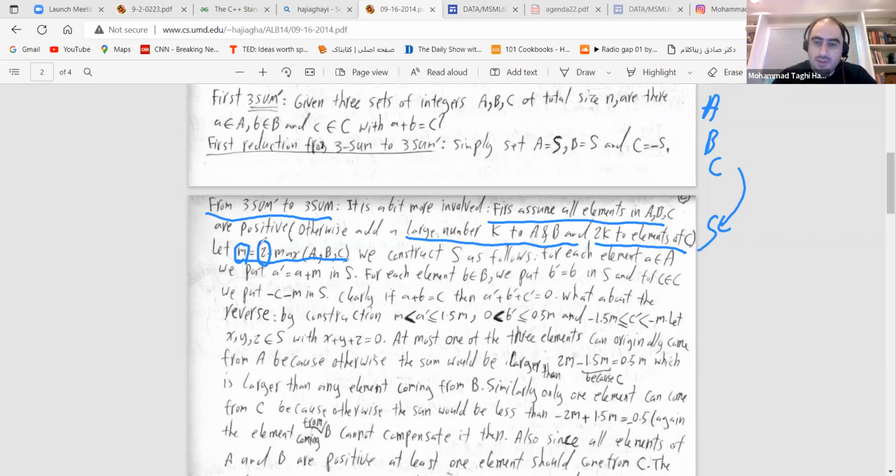Now that everything is positive and we have defined M, we want to put elements of A, B, and C in S in different ranges. How do we do that? For each element a, we put the element a prime, which is a plus M, in S. Let me just change this one. That would be easier to write.